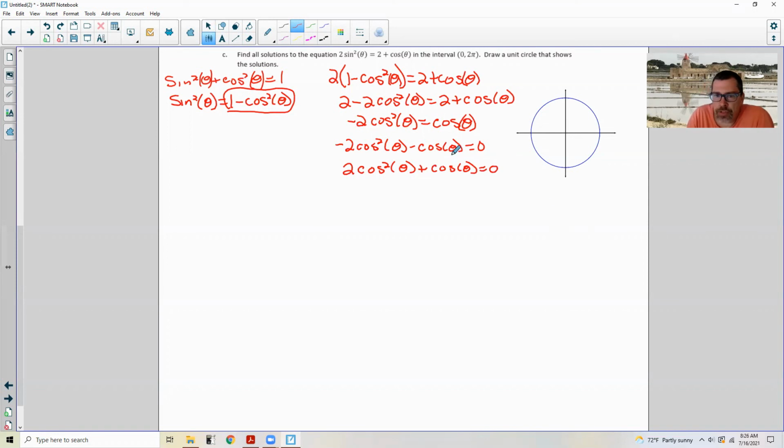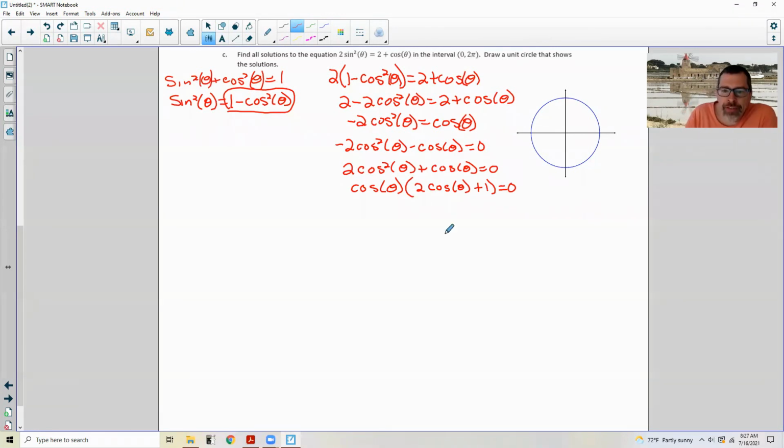All right, so now I have a binomial, if you will, with a cosine function in both terms. So I'll factor that out. That's going to give me the cosine of theta times 2 cosine theta plus 1 equals 0. I'm factoring out a cosine.